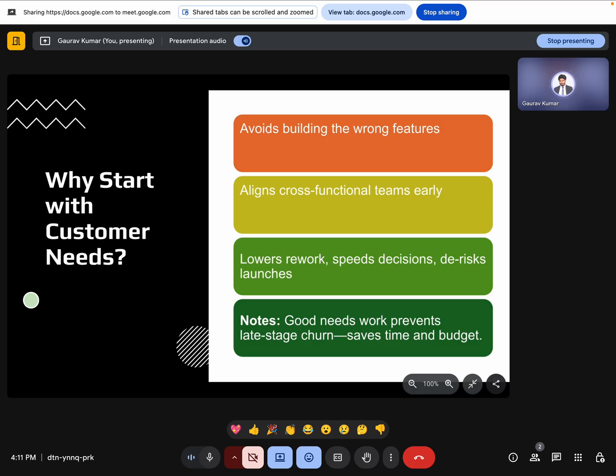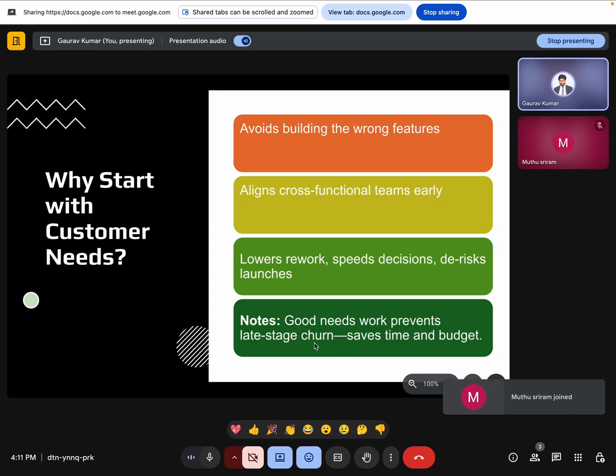So we invest upfront, knowing that clear needs are the most powerful risk reduction tool we have. Good needs work prevents late-stage churn, saving time and budget.